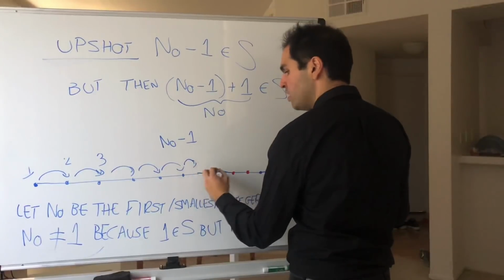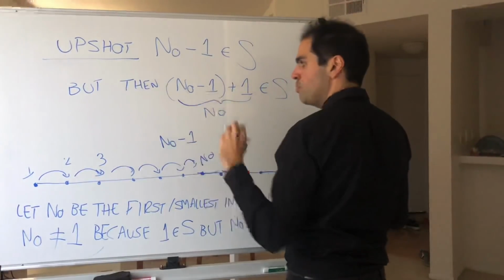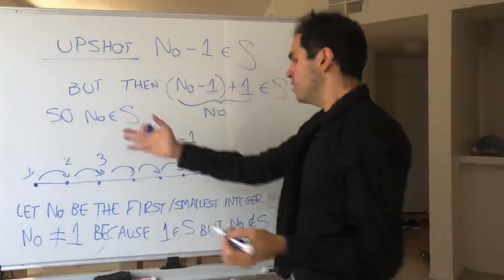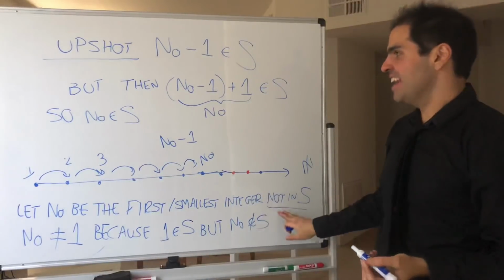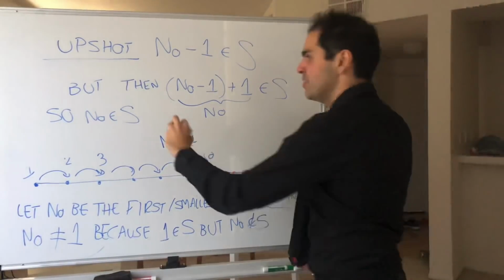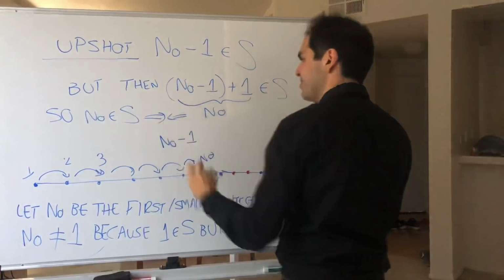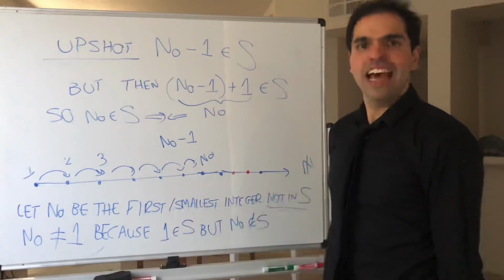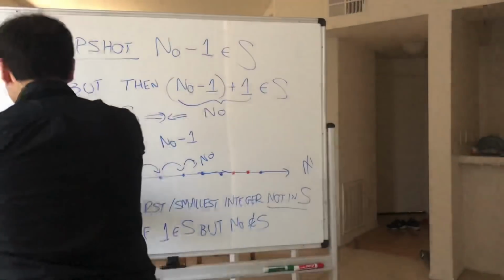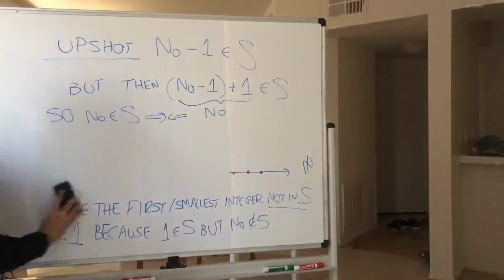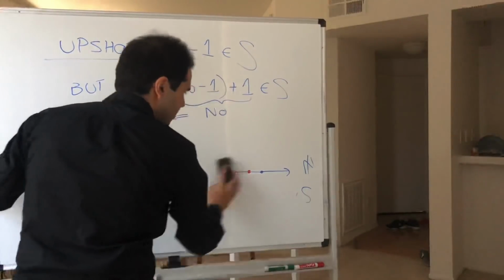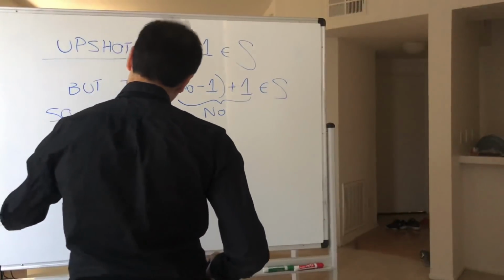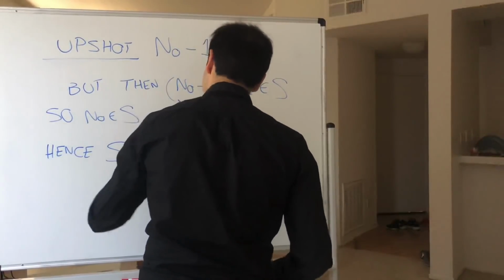So in other words, N naught in the end is not a red element, it's a blue element. But again, this contradicts the fact that N naught is an integer not in S. So this is actually a juicy contradiction. A contradiction with what? A contradiction with the fact that S is not all of N. So indeed, it is true that S is all of N.